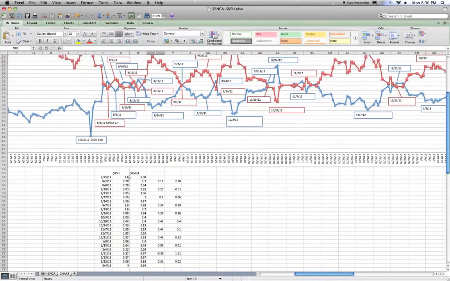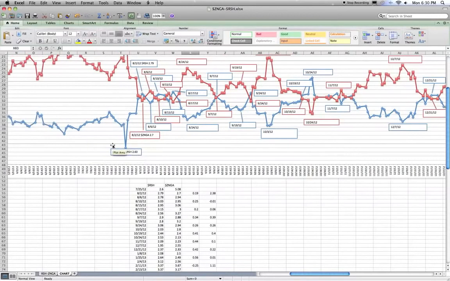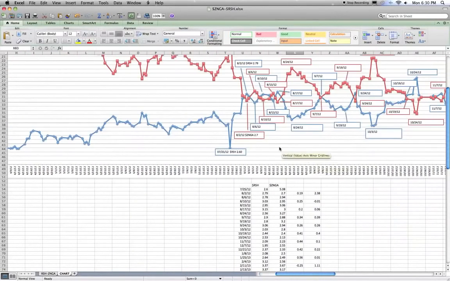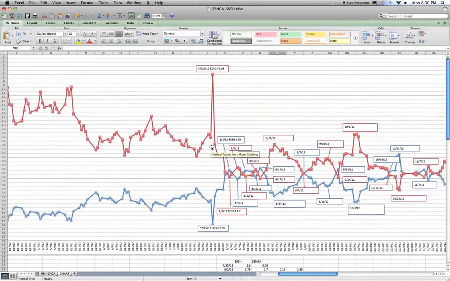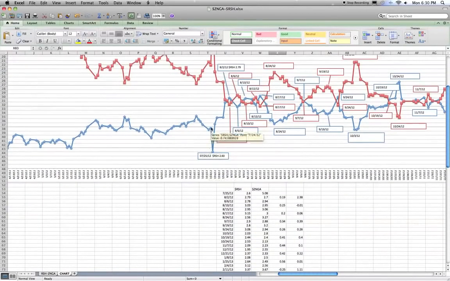So like say for July 25th, 2012, if you were to take this closing price and you infer that it's underperforming because it's below 1, what you wanted to do is buy it and simultaneously sell ZNGA. And then whenever they crossed each other, you would close the positions out.